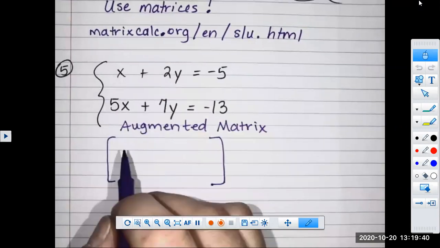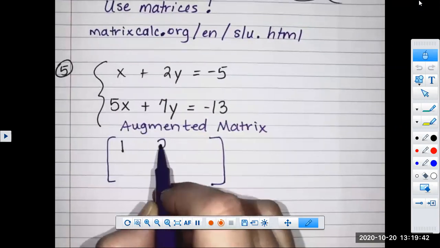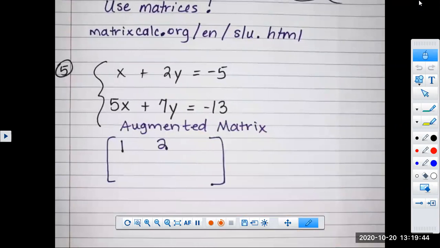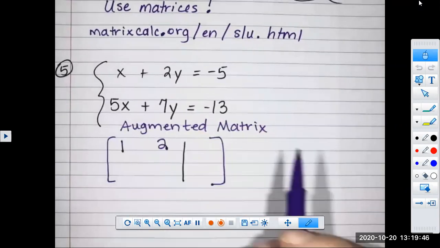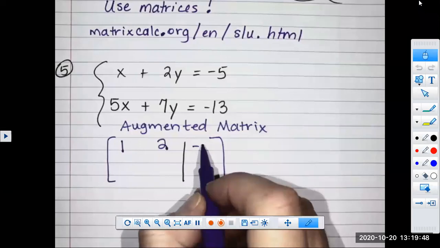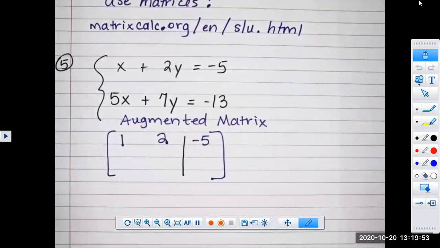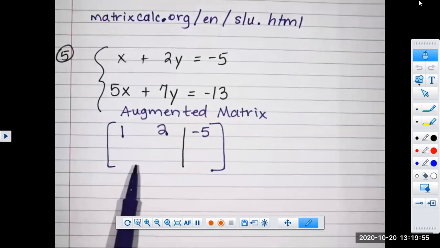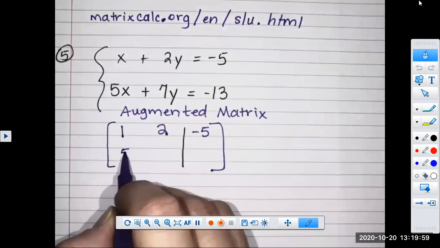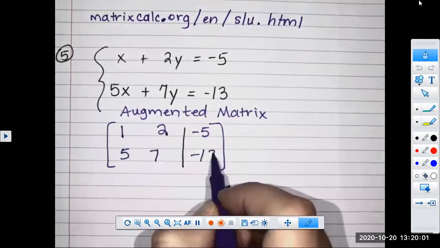So you have 1, 2, and then there's a bar. Inside an augmented matrix, it separates what the equation is equal to from the coefficients of the variables. So you've got 1, 2, what will be your bottom row of numbers? 5, 7, good, 5, 7, negative 13.